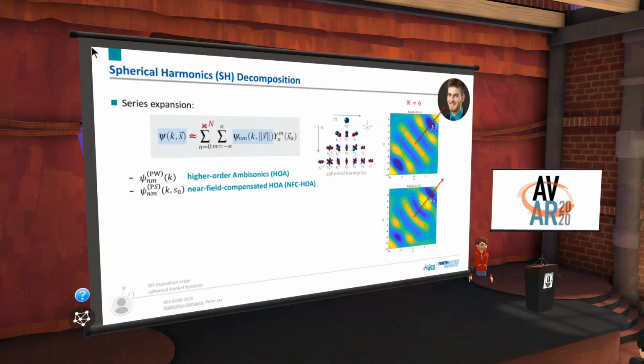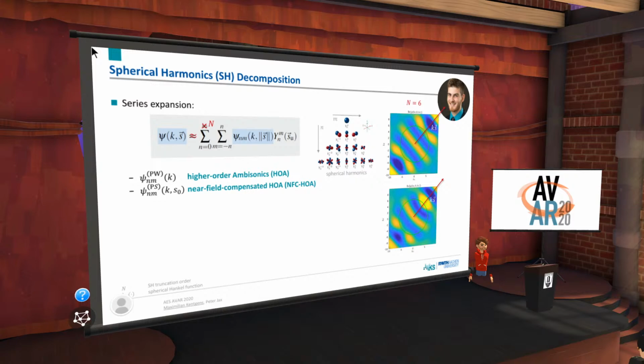But in practice, we have to cope with a spatial band limitation, and we have to introduce a truncation order, which is N. One note is that psi_nm for the plane wave is nothing else than the higher order ambisonics signal that is probably known to many of you, and the psi_nm point source is the near field compensated ambisonics.